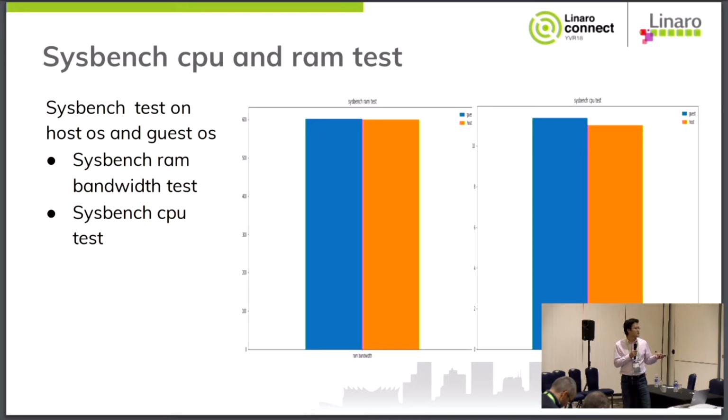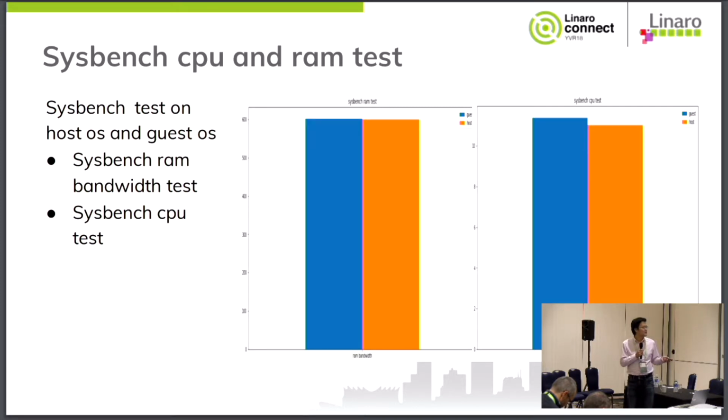We can see that the RAM bandwidth is almost the same, even though the guest OS enables stage 2 translation. It can be up to 24 translation table walks if TLB missing, but the RAM bandwidth is almost the same.